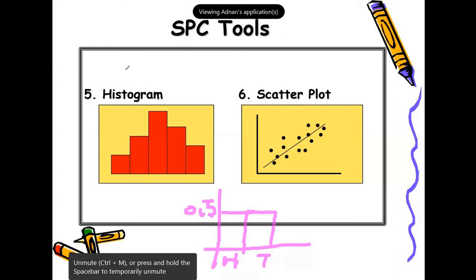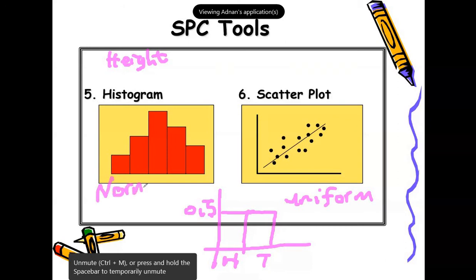But now you have a histogram for your height. The distribution of the height, generally, will follow a normal distribution. This is a uniform distribution. Uniform means you have the same chance. But in this case, this is a normal distribution.